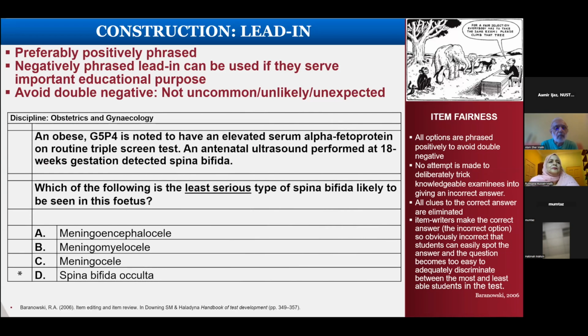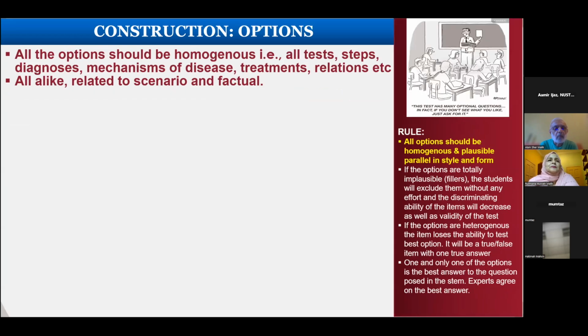Again, there is a question asking about the least serious type of spina bifida. This is one situation in which 'least serious' is important, because that will give the doctors and the patient some sort of relief that the type of spina bifida detected is not a serious one.